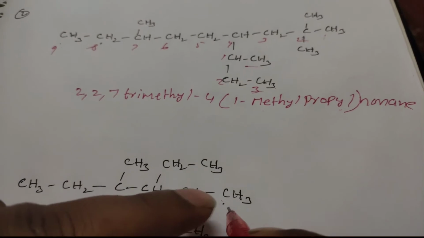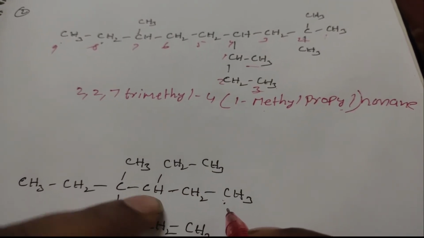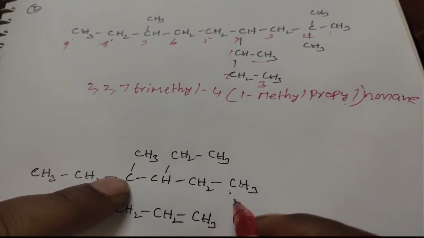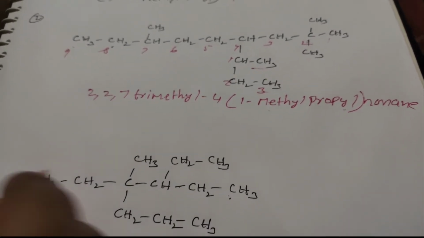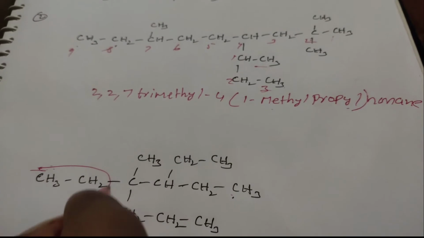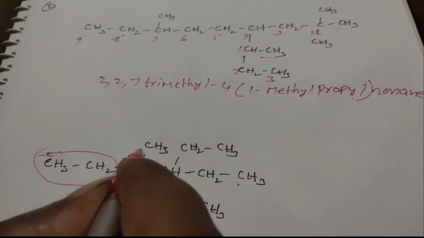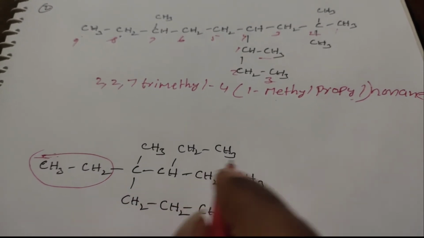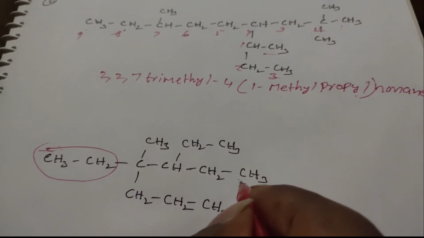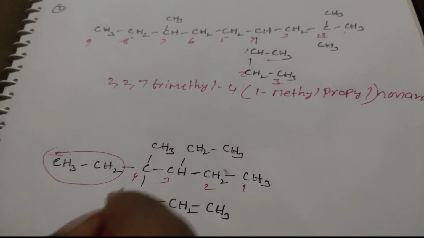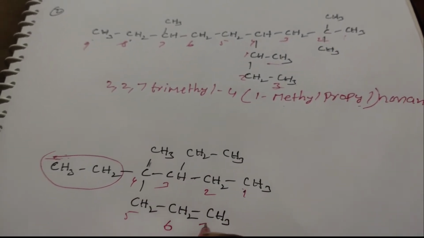Because in the third position they have the ethyl group, and in the fourth position they have the methyl group, and here it is acting as a side chain or substitution, and here also it is a substitution, and here also it is a methyl group substitution. So I am giving the numbering 1, 2, 3, 4, 5, 6, 7.